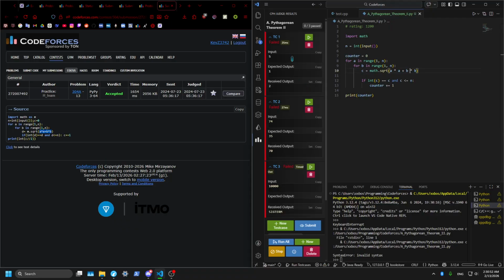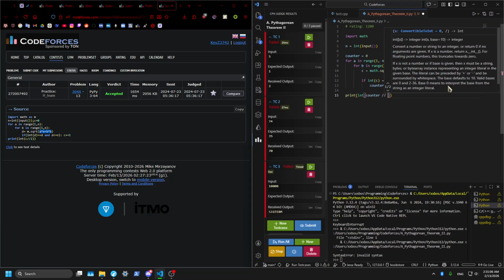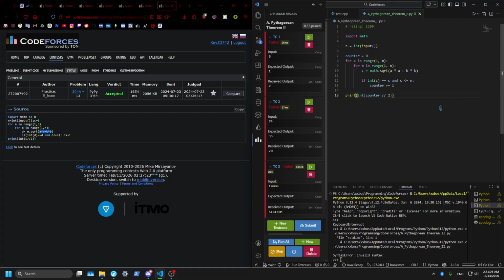Alright, well these are failing too now, so oh, int, counter divide by 2. Oh, we don't need this int typecast because this already typecasts it to int.